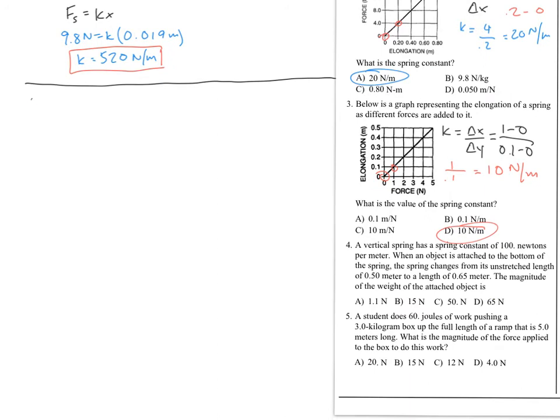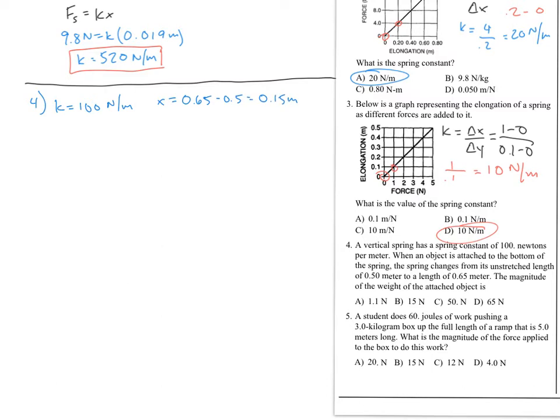Okay, number 4, another spring question. It gave us the k constant of 100 newtons per meter. Look out for the units. Newtons per meter is the unit for a spring constant. An object is attached from the bottom. The spring stretches from 0.5 to 0.65, so we're going to take the difference of those two. And that's going to equal 0.15 meters.